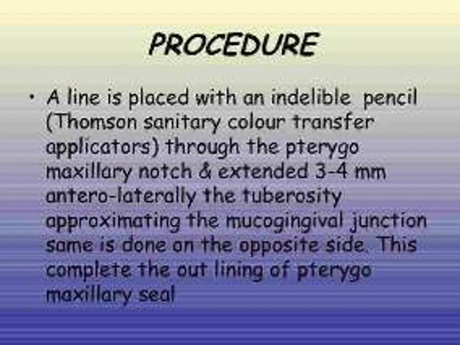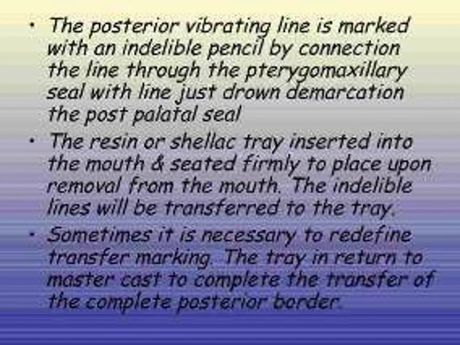Indelible pencil is used for marking this and extended 3 to 4 mm anterolaterally from the tuberosity to the mucogingival junction. This joins the two extensions from the pterygomaxillary notch. Now, for the posterior palatal seal, indelible pencil is joined by connecting the line through the pterygomaxillary seal with the line just down the demarcation of the PPS area.